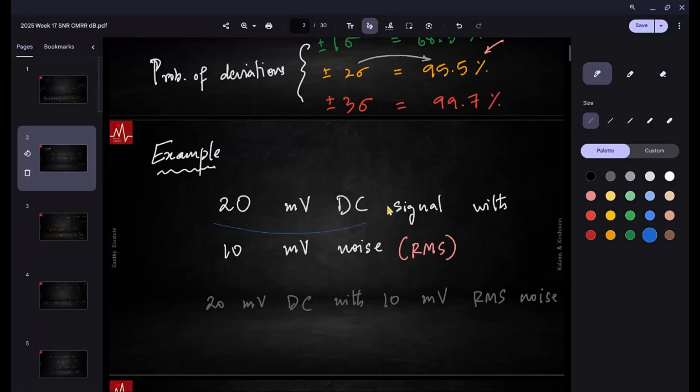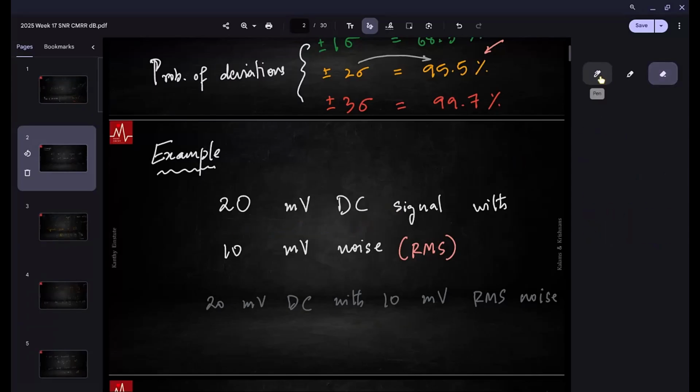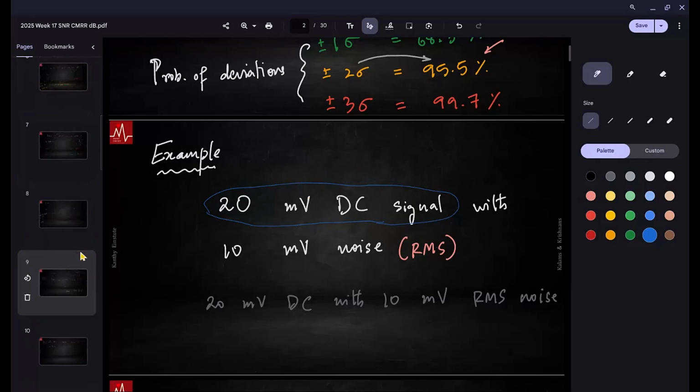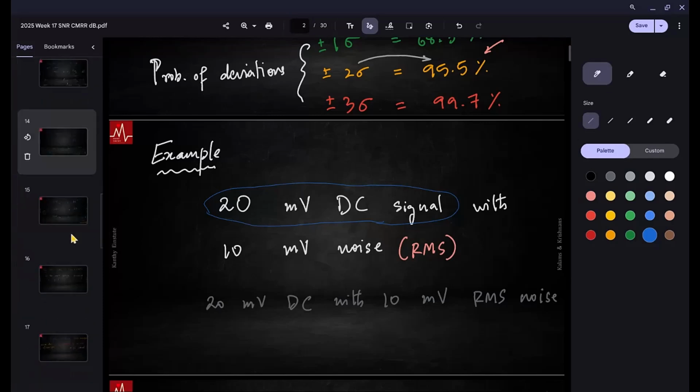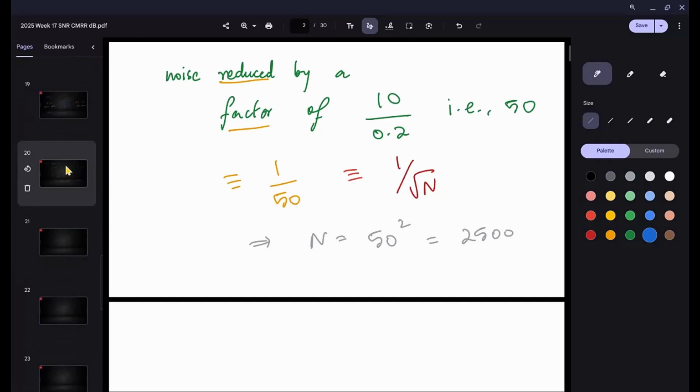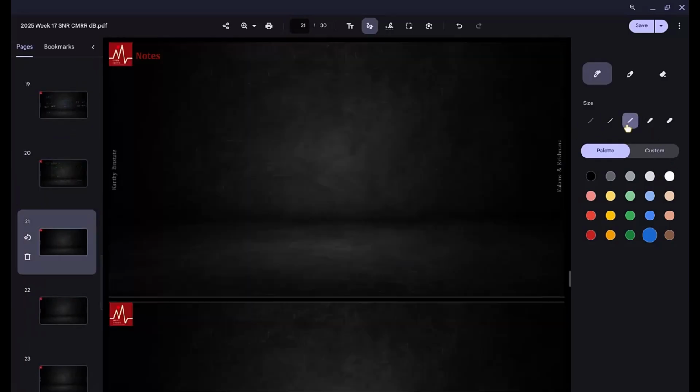Here they are referring to an AC signal, 20 millivolt peak AC. In terms of AC, be careful whether they are giving peak or amplitude. Just write that down.